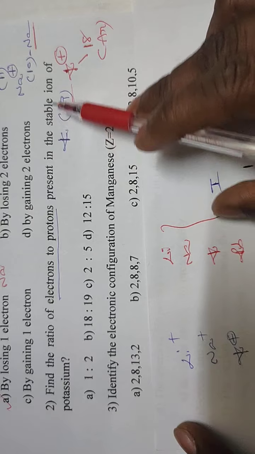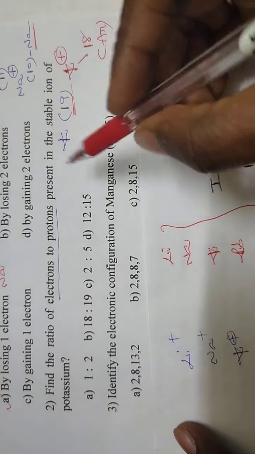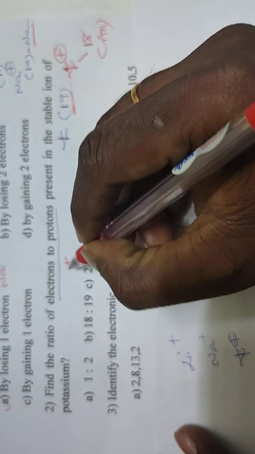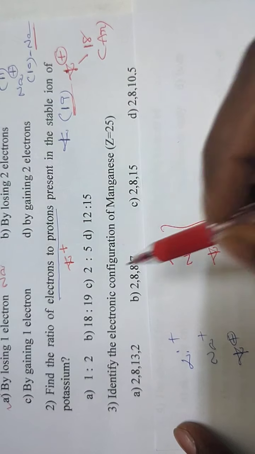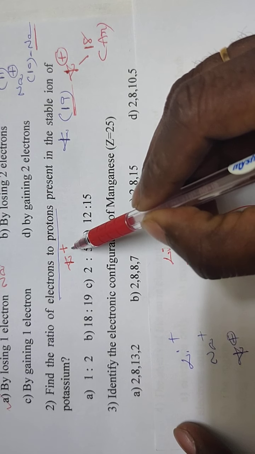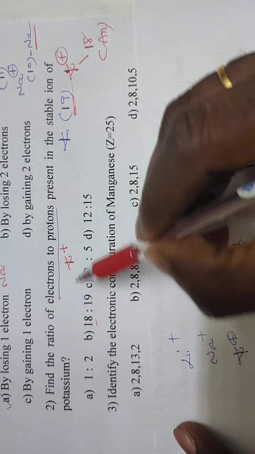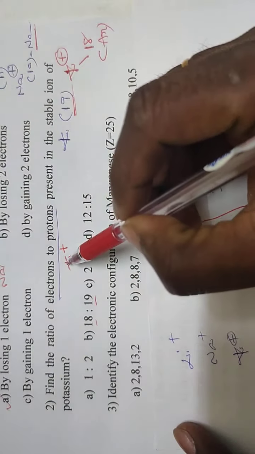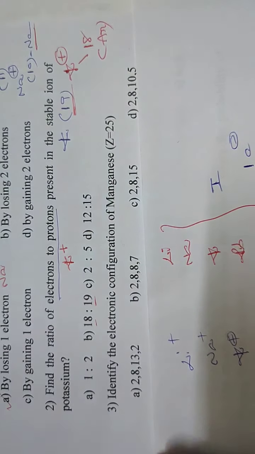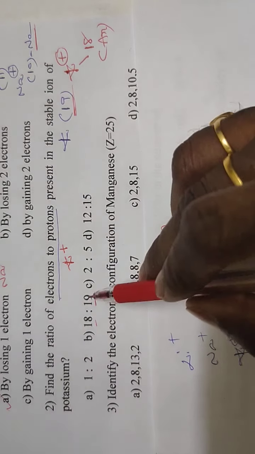In the stable ion of potassium, K+, the number of electrons is 18 and the number of protons is 19. The number of protons means the atomic number of potassium, which is 19.